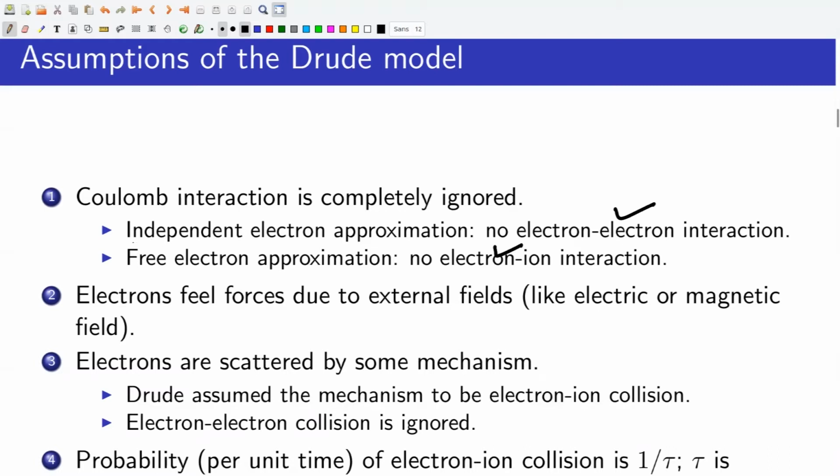The first one is known as the independent electron approximation, and the second one is known as the free electron approximation. Although electrons are not experiencing any force due to the ions and due to other electrons, however, electrons feel force due to the external fields like electric or magnetic field.